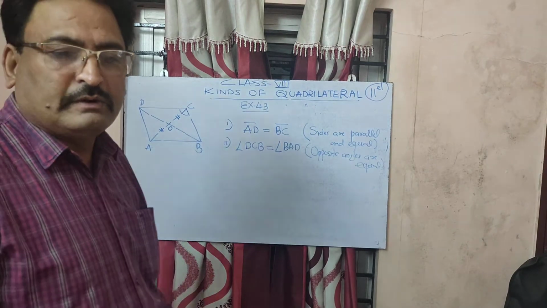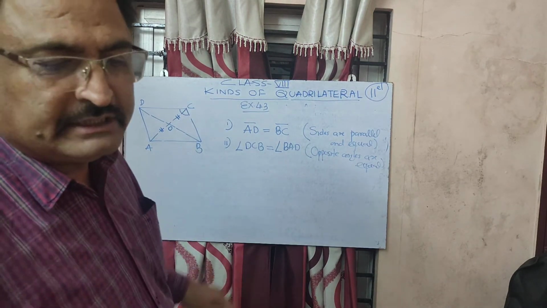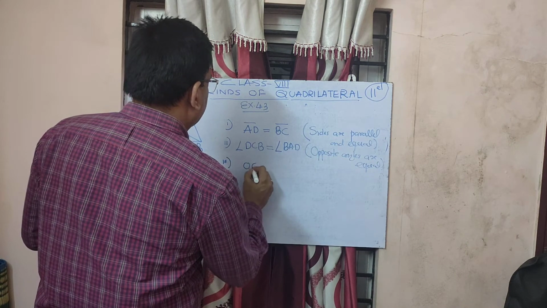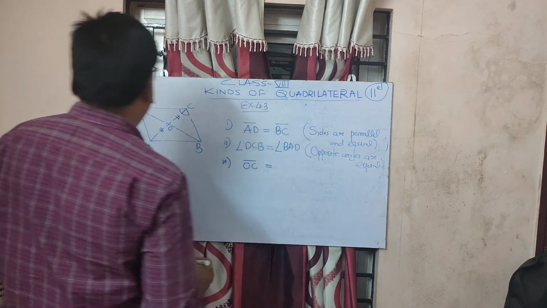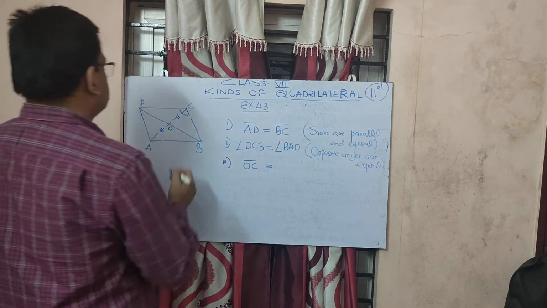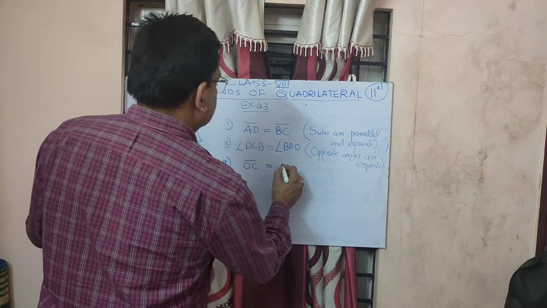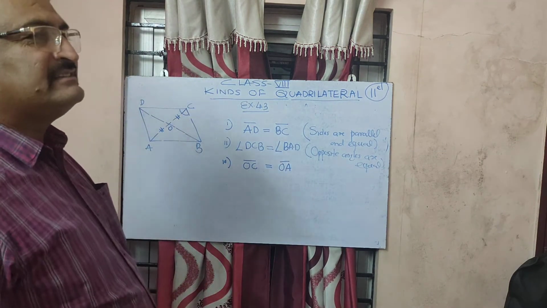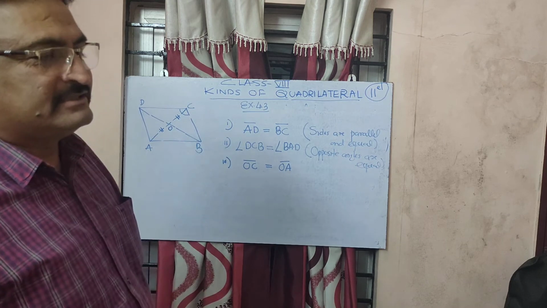Okay, what is the third question? Side OC is equal to what? That is OA. Why? The diagonals bisect each other.